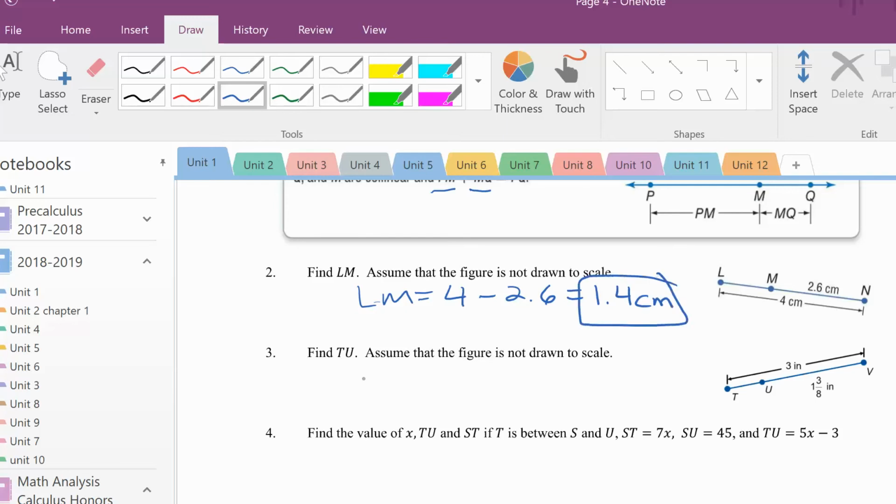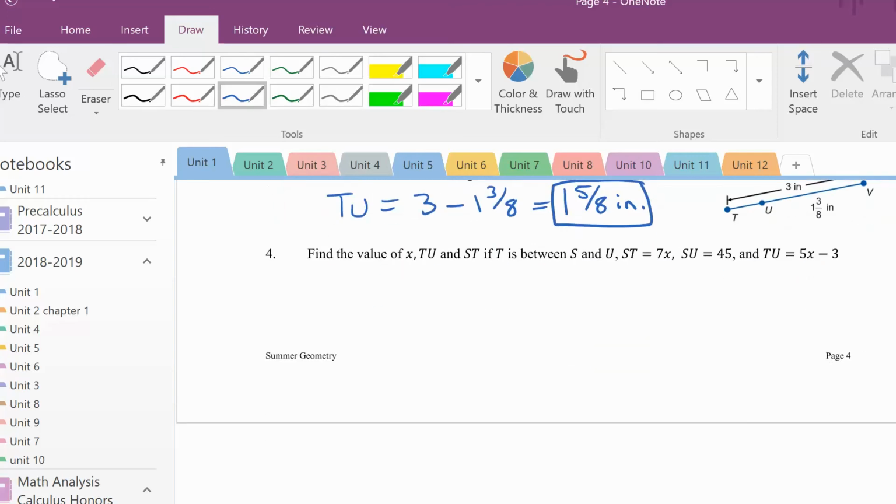So TU here, you would take 3 and subtract 1 3/8, so that equals 1 5/8 inches when you subtract.